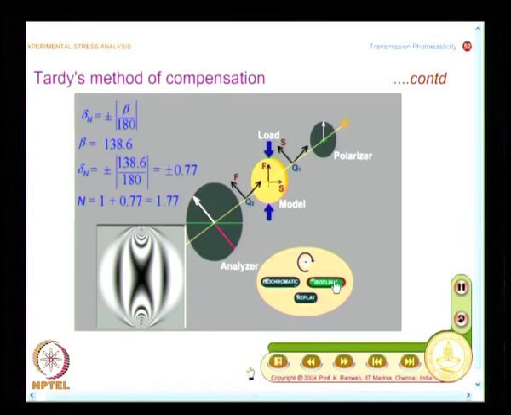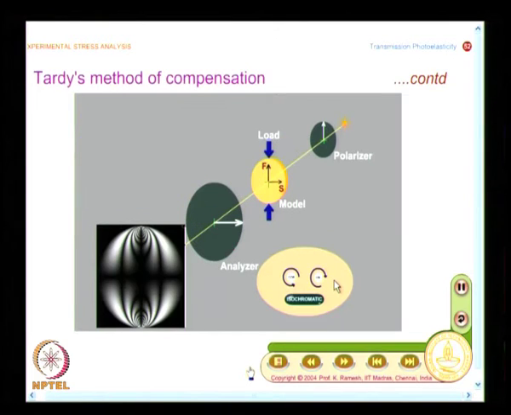The first step is that I need to find out the isoclinic. So, I find out the isoclinic in a plane polariscope, even though while starting the discussion I said that because it is at the point of symmetry, the axes coincide with the principal stress directions, the reference axes themselves are principal stress directions.